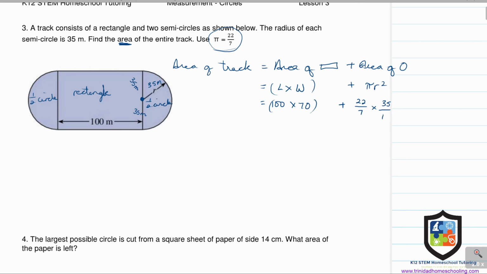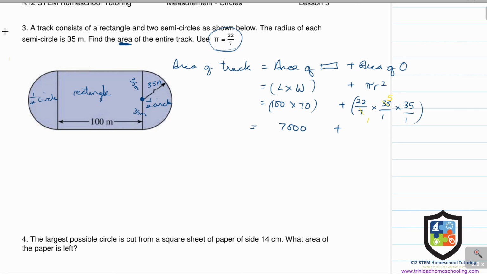35 multiplied by 35 over 1. Okay. So 70 by 100 is 7,000. Plus, we could get rid of this 7 by cancelling. 7 5s are 35.